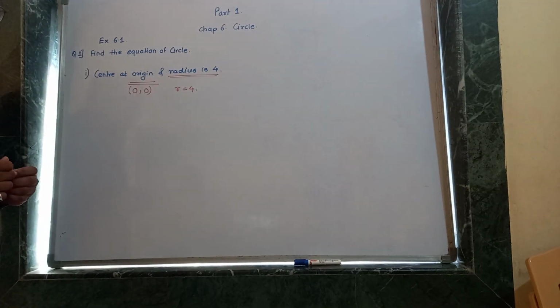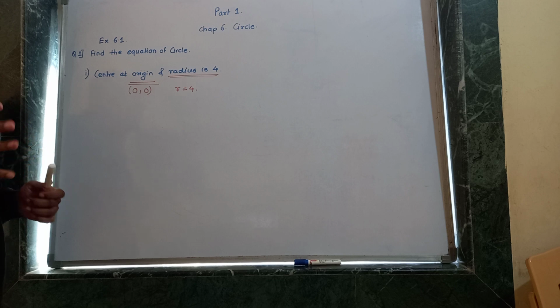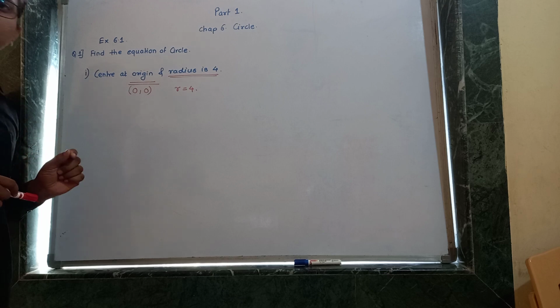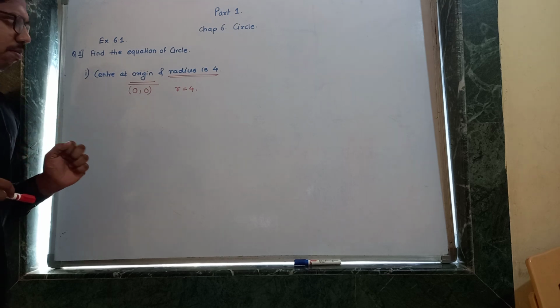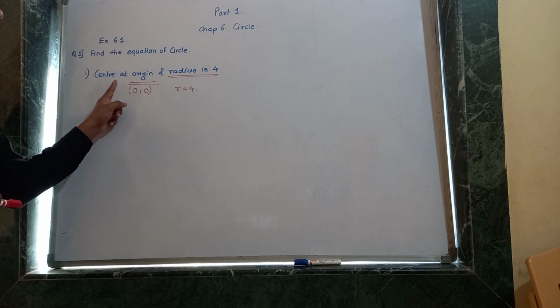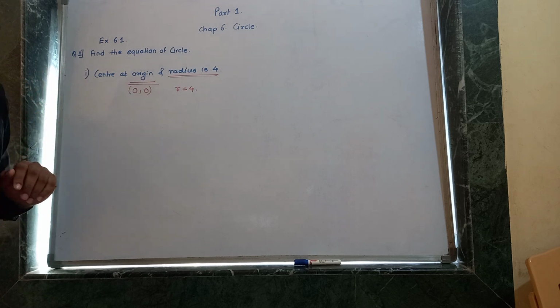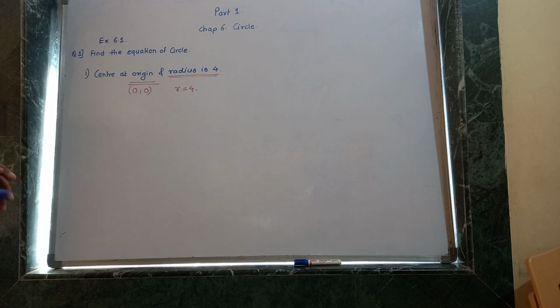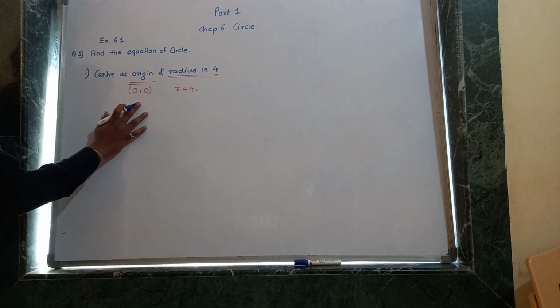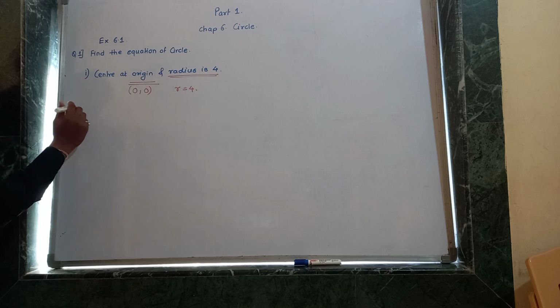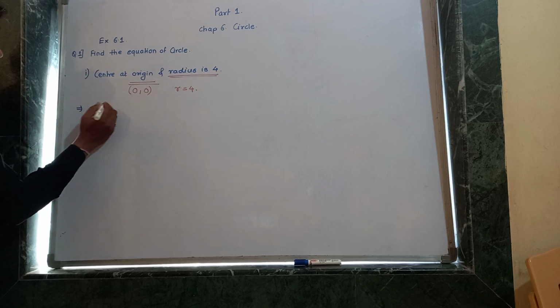What is the first form? Standard form of the equation of the circle, correct? And what was that? x² + y² = r². Why? Because the center is at origin. So by using that, we know the center is at origin and the radius is 4.